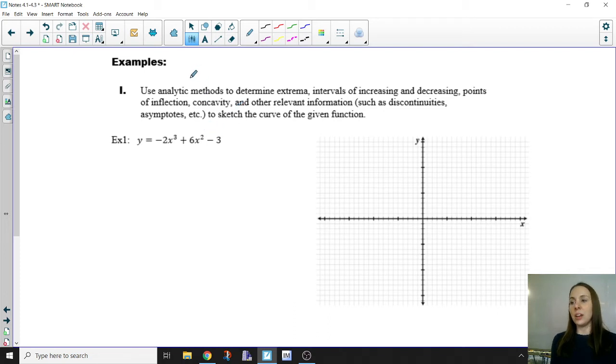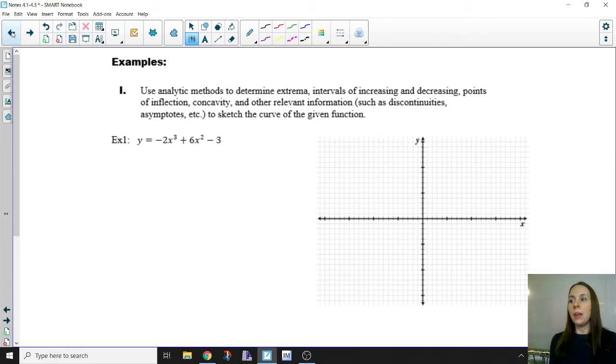Take a look at the directions. Use analytic methods to determine extrema, intervals of increasing and decreasing, points of inflection, concavity, and other relevant information such as discontinuities, asymptotes, etc., to sketch the curve of the given function. So we're going to try to sketch the curve of this cubic function today in this video.